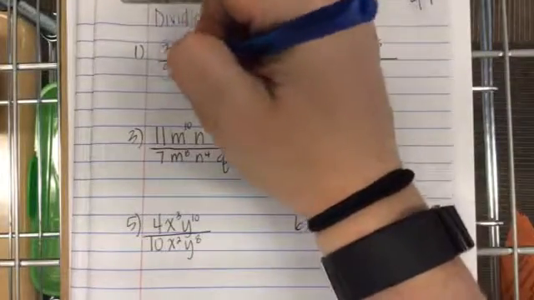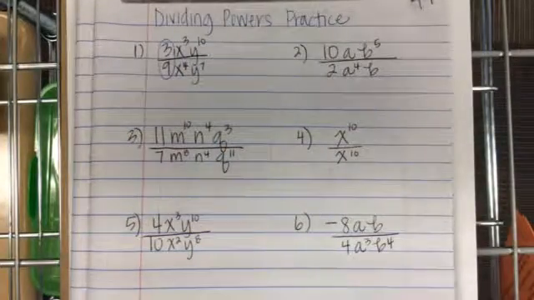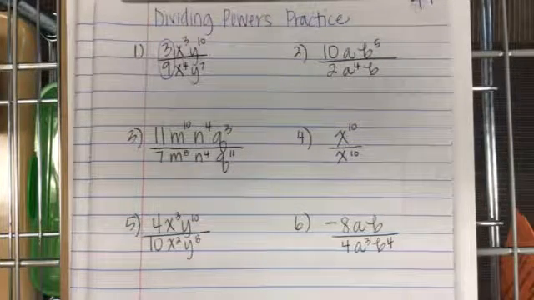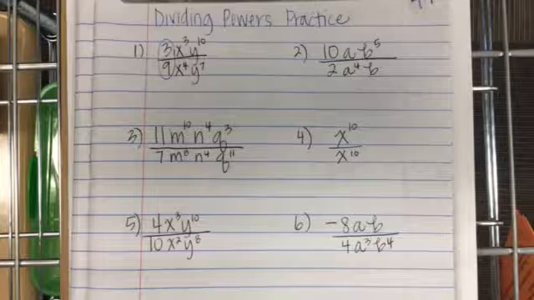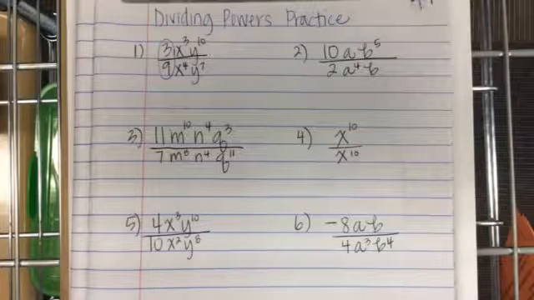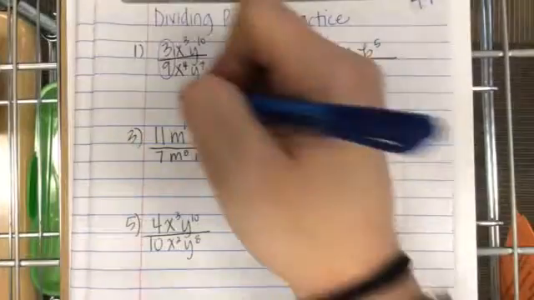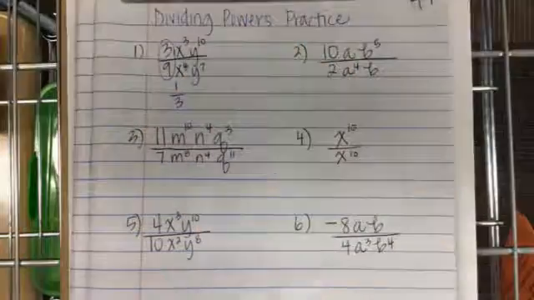Coefficients get divided, and if they don't divide evenly, they just get simplified, correct? So 3 over 9, can you divide that? It doesn't work out. It gives you a decimal, right? So we don't want a decimal. So we're going to simplify it. 3 over 9 simplifies to what? 1 over 3.